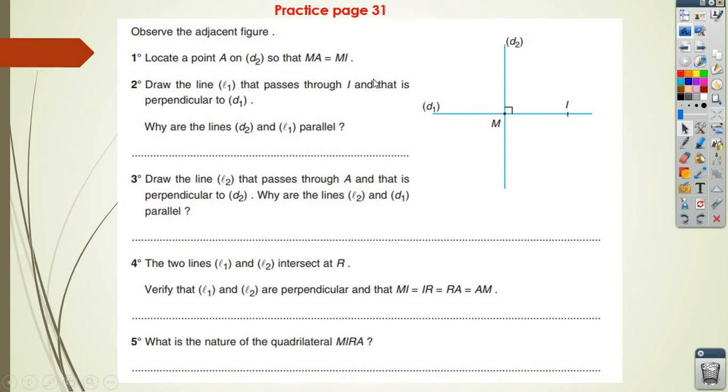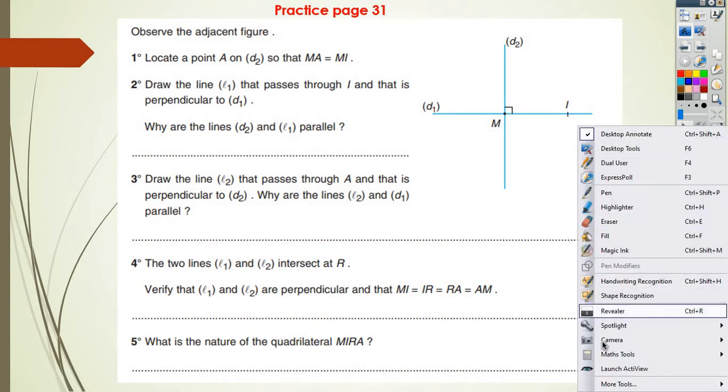Observe the adjacent figure. Locate the point A. I want to place it on D so that MI and MA are equal. So first I want to know the measure of MI.